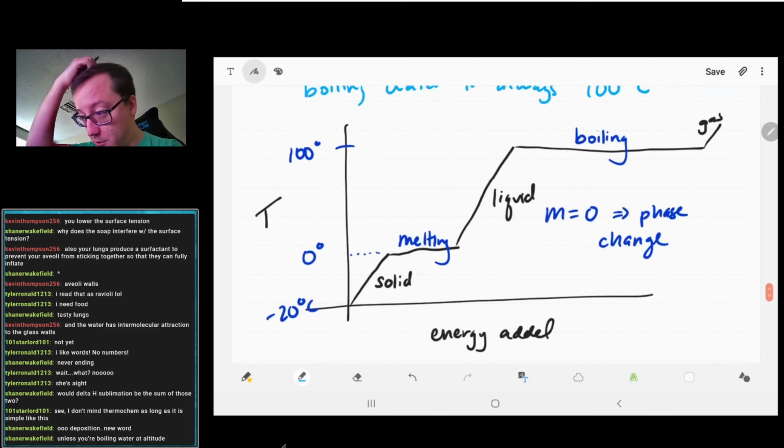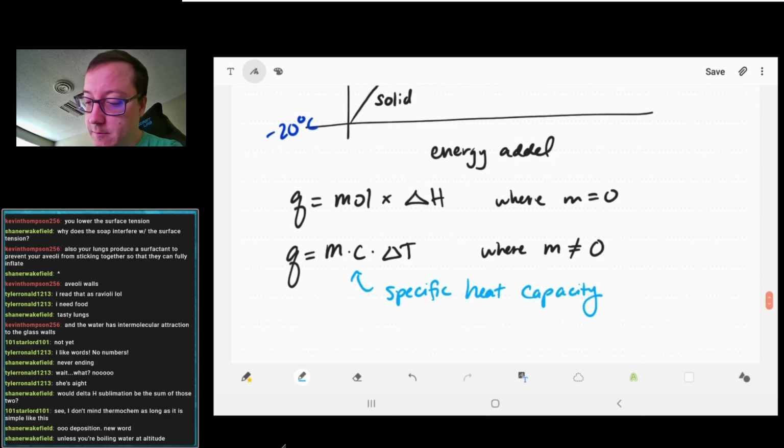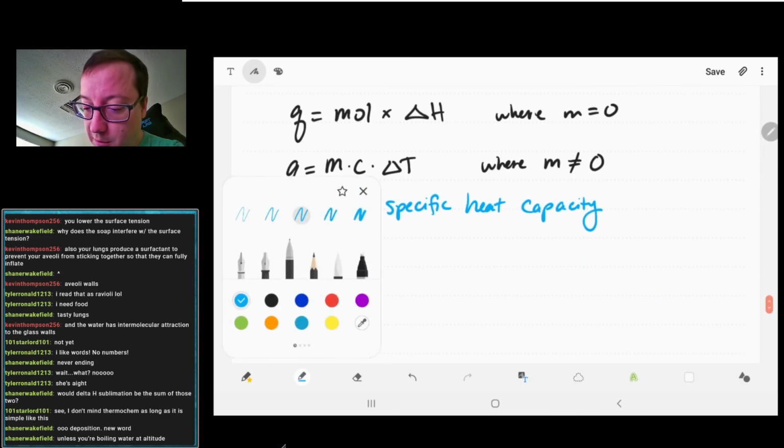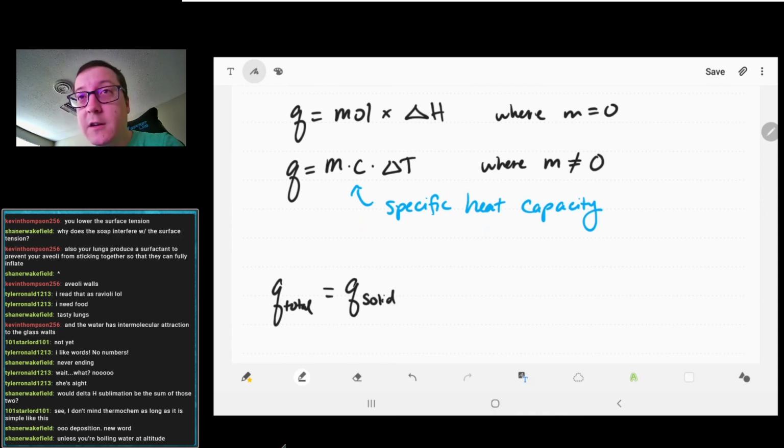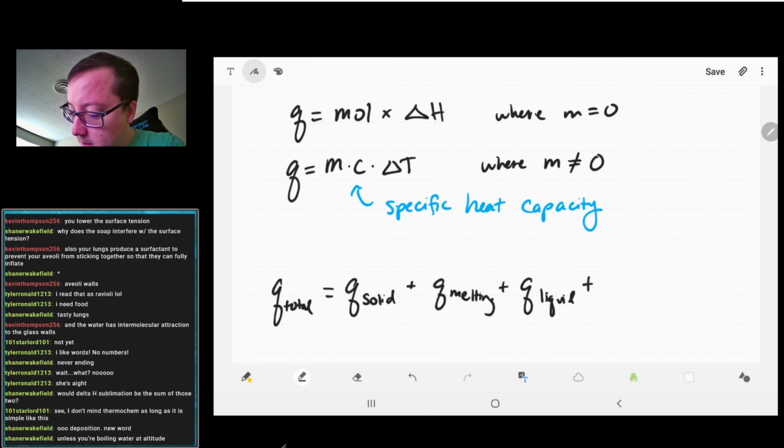If we were to see all the energy required to do this whole thing, we would have a Q for the solid part, a Q for the melting, a Q for the liquid part, a Q for the boiling, and a Q for the gas part.